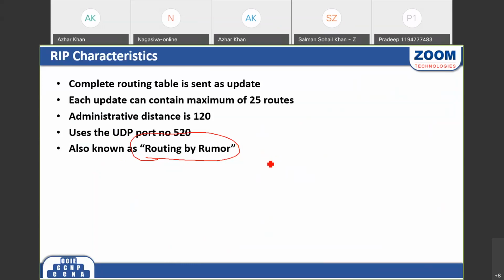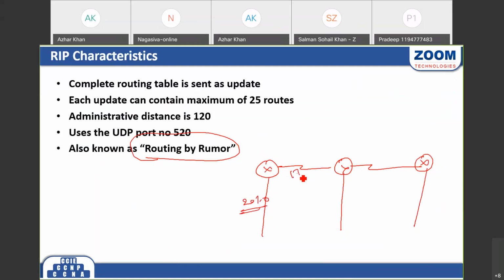For example, this is our router 1, router 2, router 3. This is our LAN network, the 192.168.201.0 network, and this is the 172.16.0.0 network, the 202.0 network here, the 172.17.0.0 network, and here the 203.0 network.